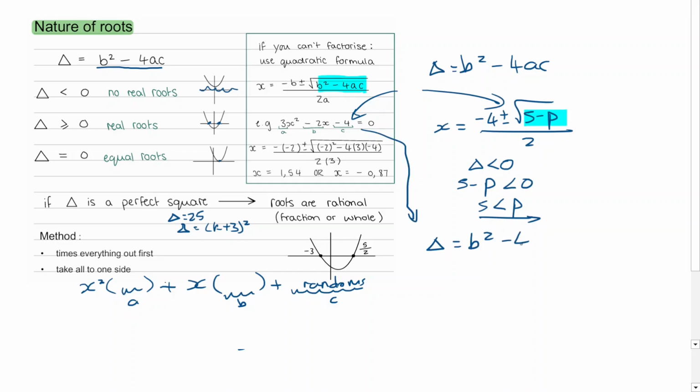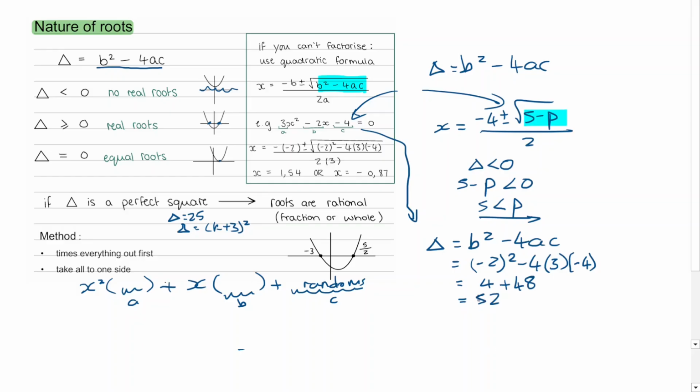So I would start by saying, I don't know what they are, so I just say discriminant equals b squared minus 4ac. b, here it is, it's minus 2. a is the first term, that's 3, and c is the last term, which is minus 4. If I work that out, that becomes 4, positive 4. This becomes positive 12 times 4 is 48. And so you end up with your answer of 52.